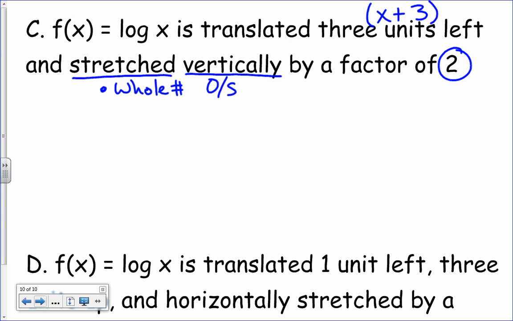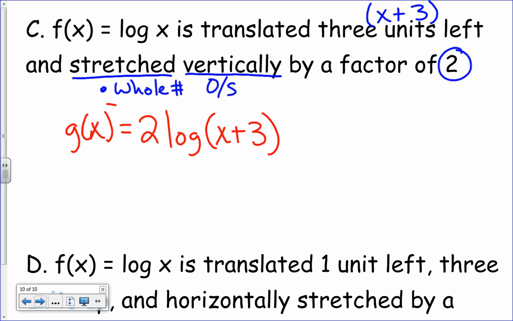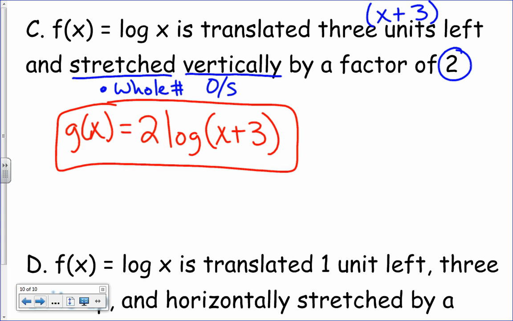So I've got g of x equals, I've got to go outside. I need a 2 outside of the log. And then on the inside, I have x plus 3. The 2 is my stretch. The x plus 3 is my left 3.